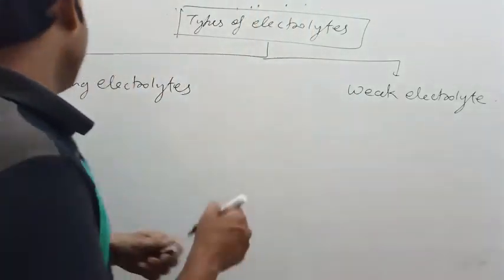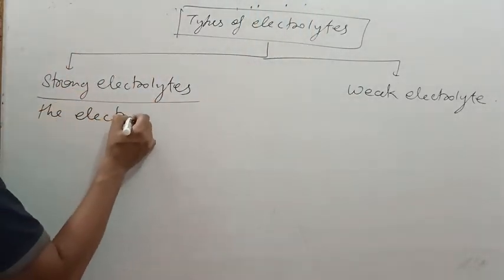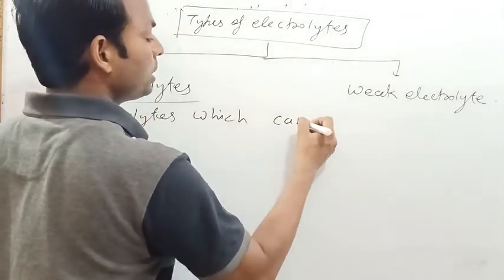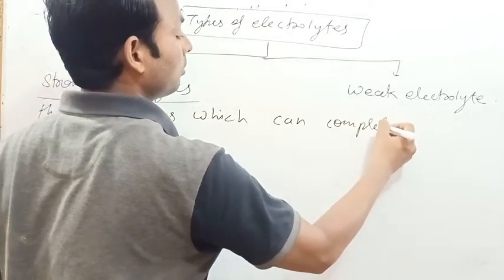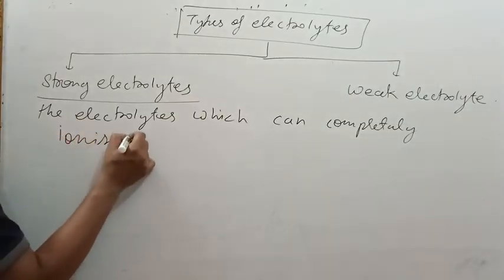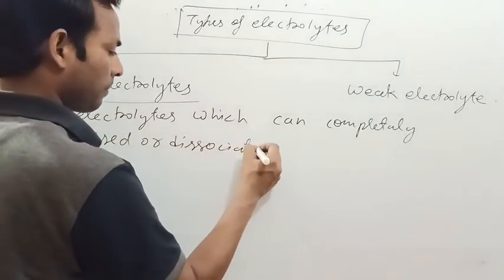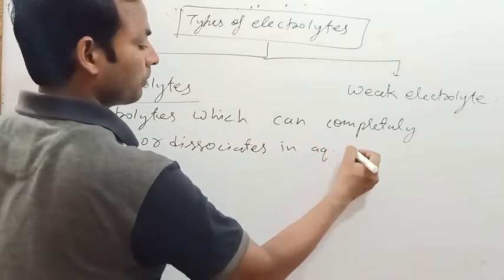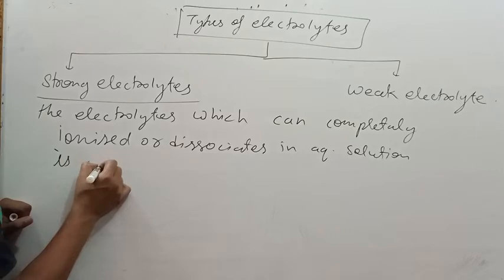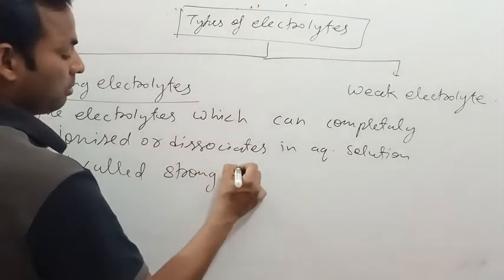Don't forget. Look here. The electrolytes which can completely dissociate or ionize in aqueous solution are called strong electrolytes.